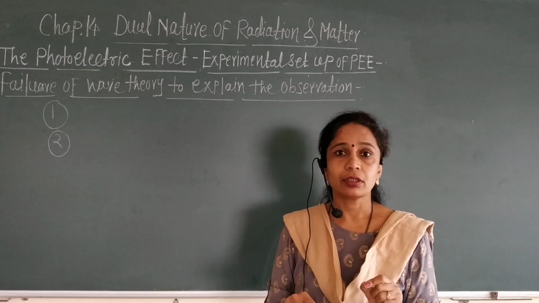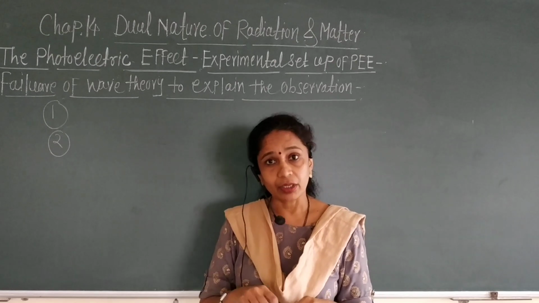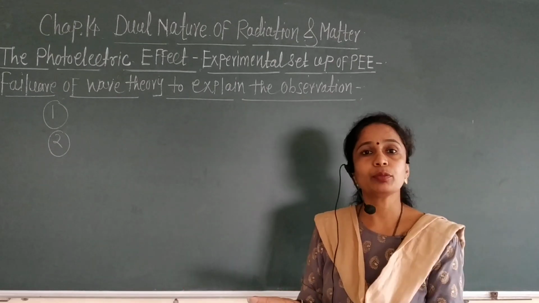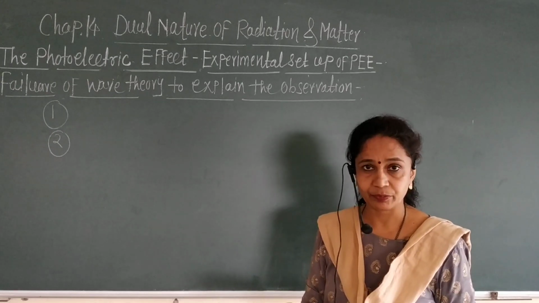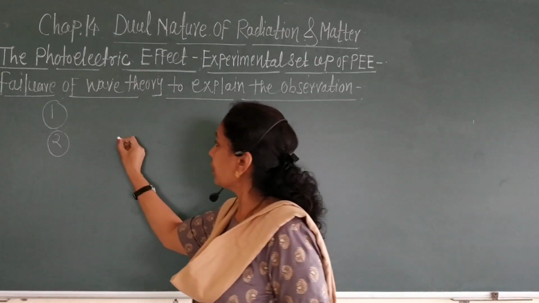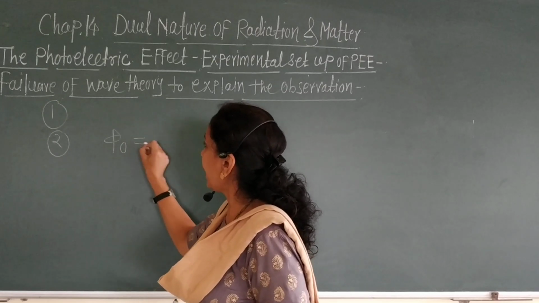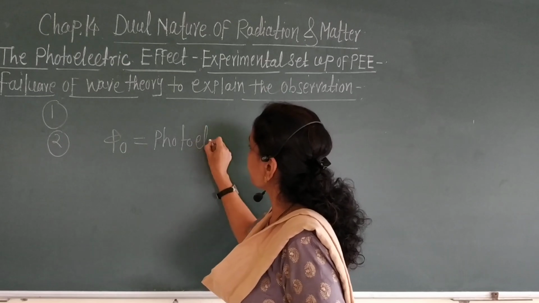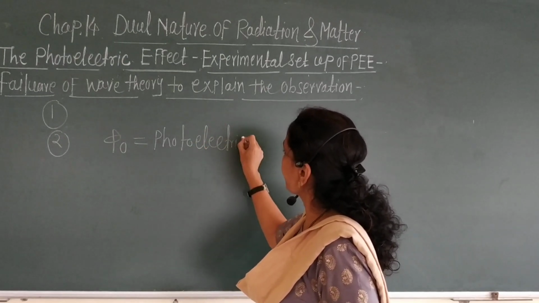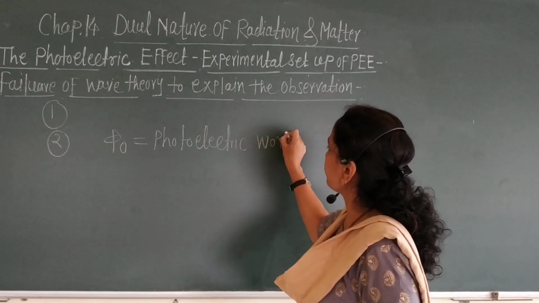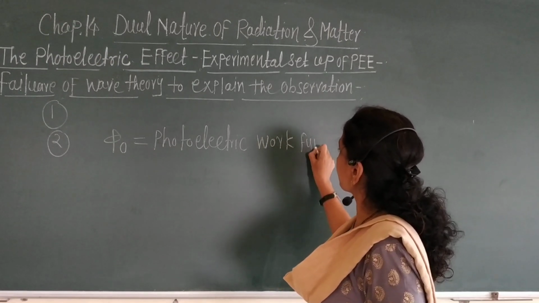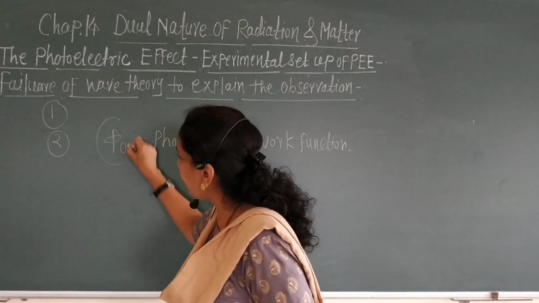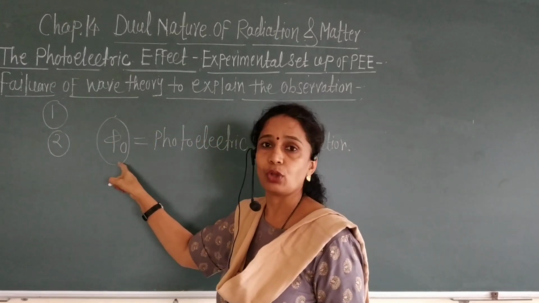Therefore, the minimum energy required to release the electron from the metal surface is called the photoelectric work function, and it is denoted by the letter phi naught.